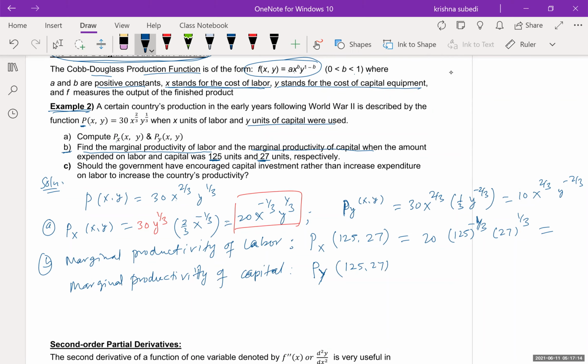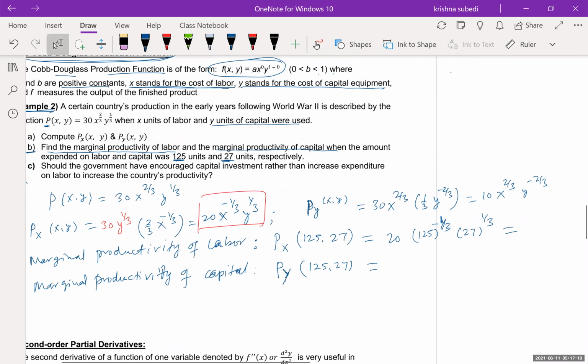X is 125, Y is 27. Just substitute the value in this one. Substitute the value here. So you will get 30 times X, which means 125 raised to power 2 over 3 and 27 raised to power negative 2 over 3. And let me know how much you get.